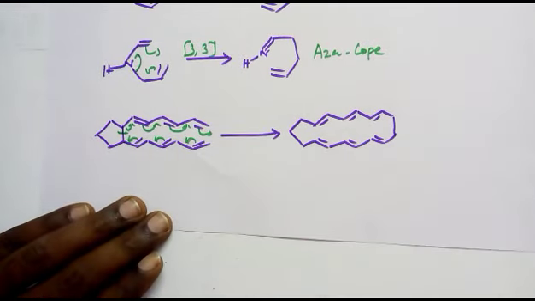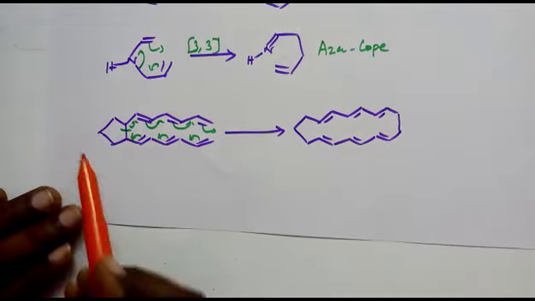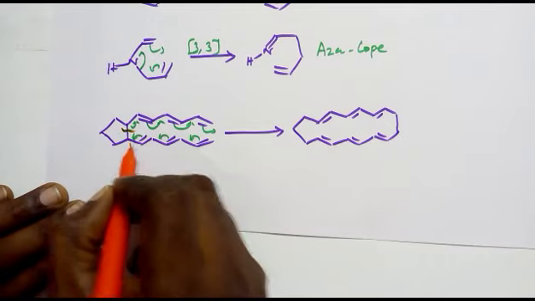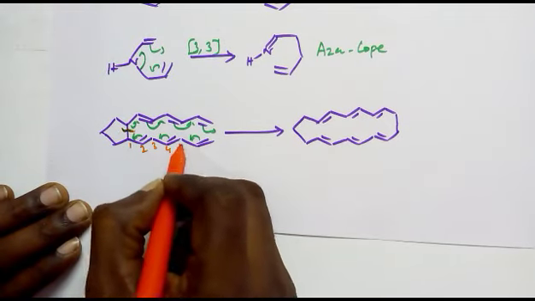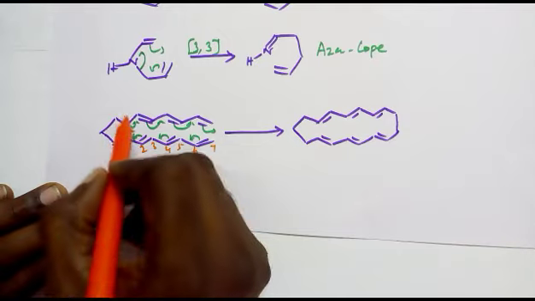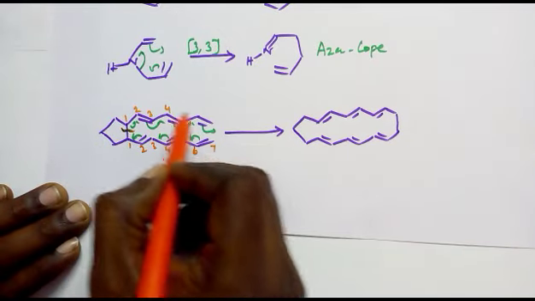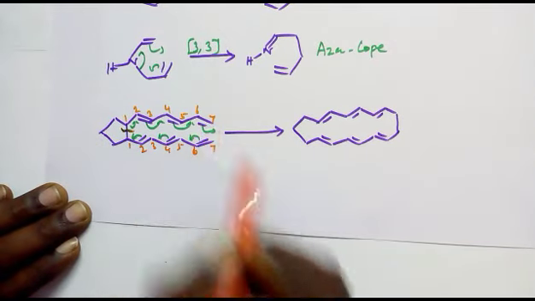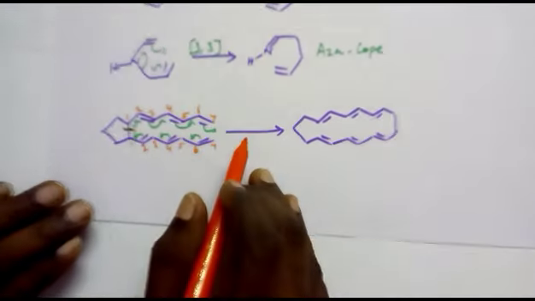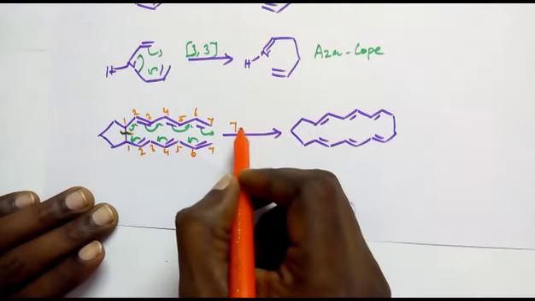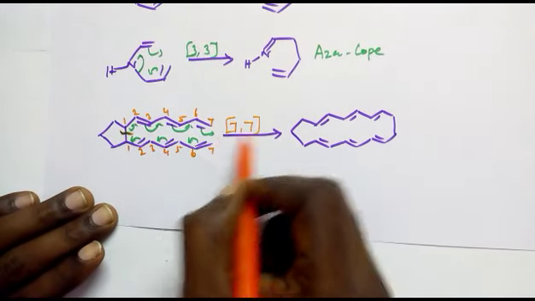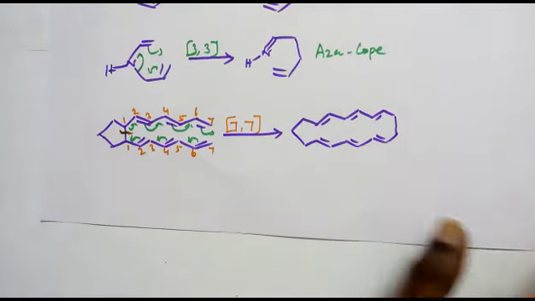Give numbering. Here the bond breaks, isn't it? So 1, 2, 3, 4, 5, 6, 7. And 1, 2, 3, 4, 5, 6, 7. What rearrangement is this? A 7,7 sigmatropic rearrangement.